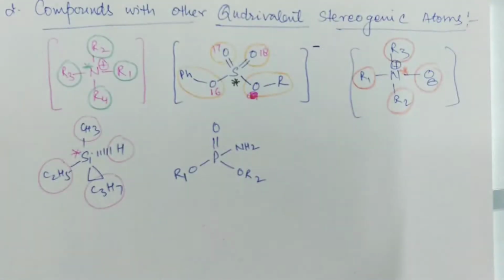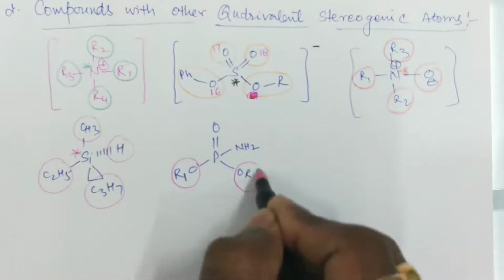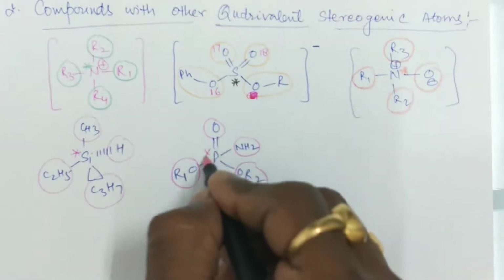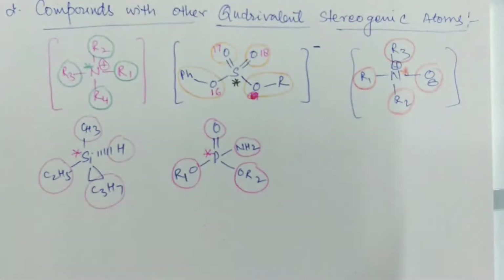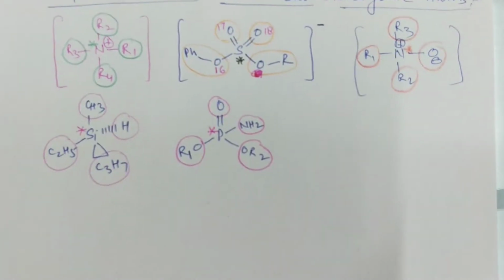Suppose that this compound is there, OR1 and OR2 are different groups, NH2 and O. These are different, so this is also stereogenic. So such types of compounds are also there in which the stereogenic atom is not carbon.